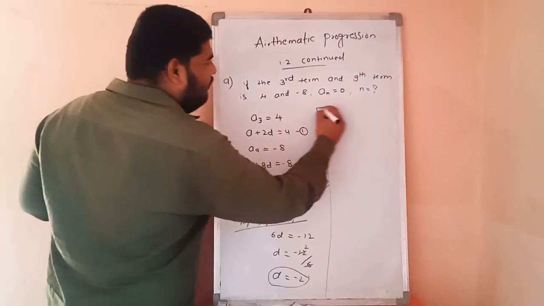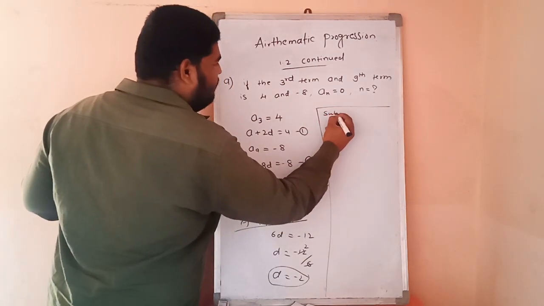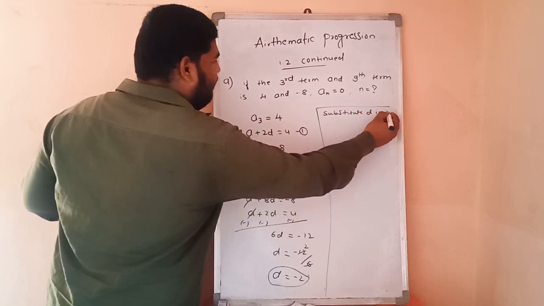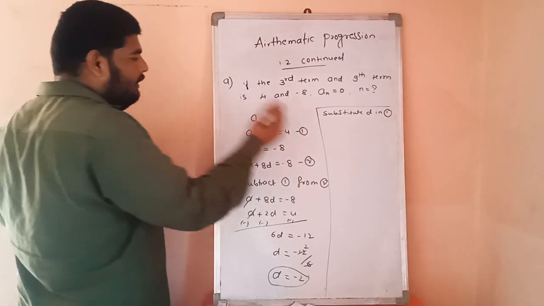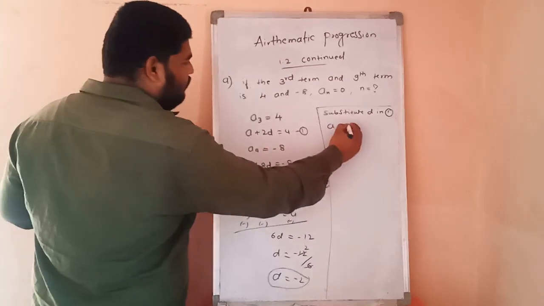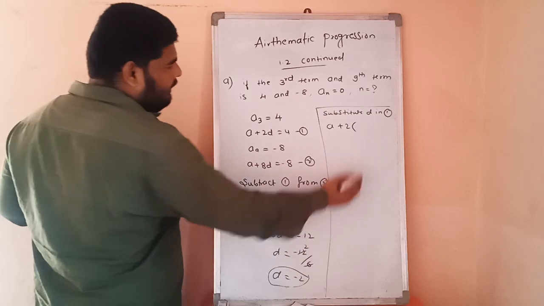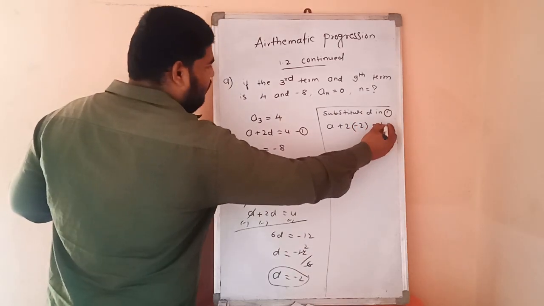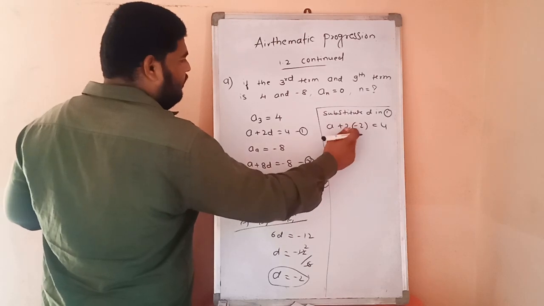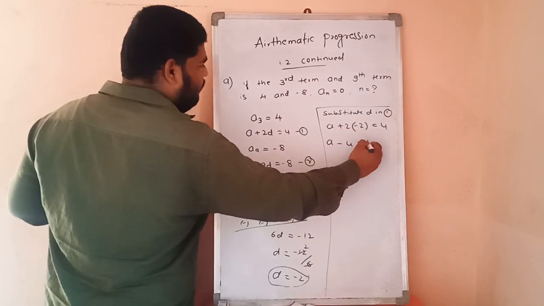Okay. So now substitute d in equation 1. So what is d here? a plus 2 into d value, minus 2, is equal to 4. a plus 2 into minus 2 is equal to 4.